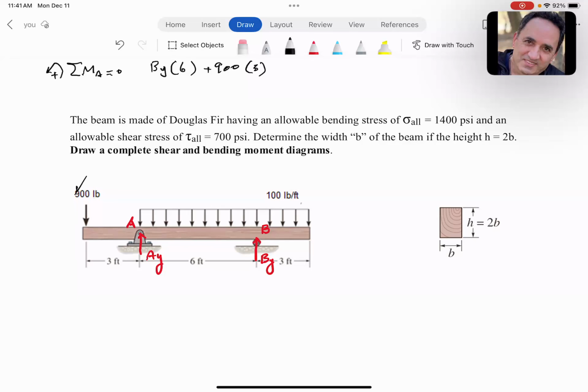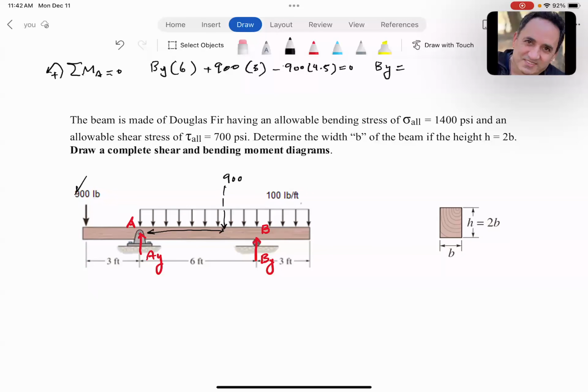And this distributed load can be changed to a concentrated load, which is the area, 100 pound-foot times 9, right in the middle, so that makes it 4.5 feet from here, and that's going negative. So 900 times 4.5. Let's solve for By.